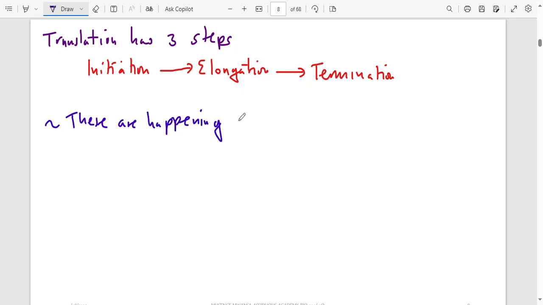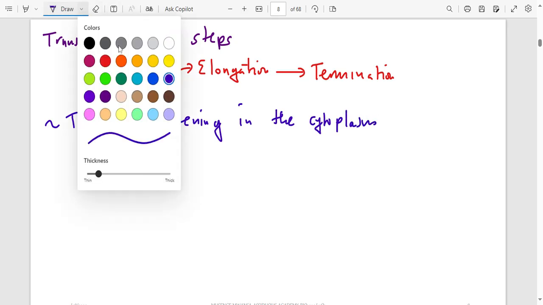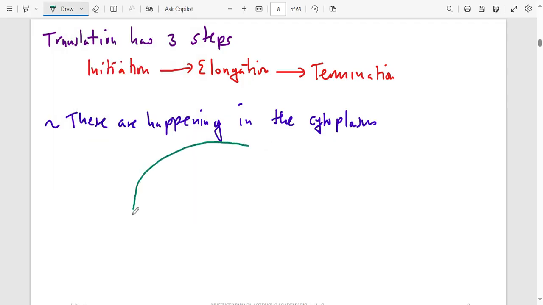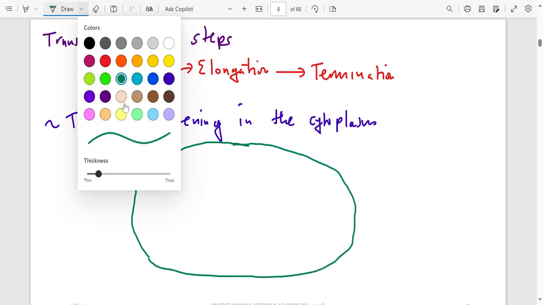Okay, so these are happening in the cytoplasm. Now let's see what happened. This is a cell. This is a cell here. And whether it's a prokaryotic cell or a eukaryotic cell, let's say it's a prokaryotic cell.